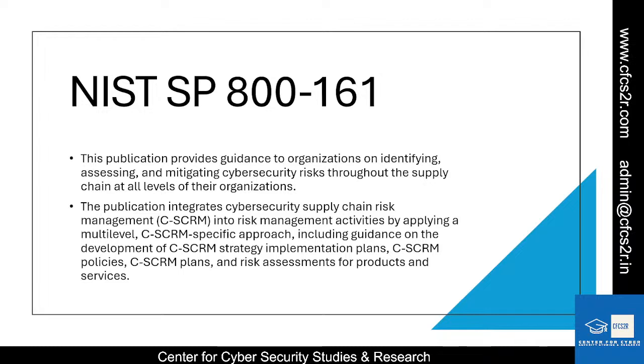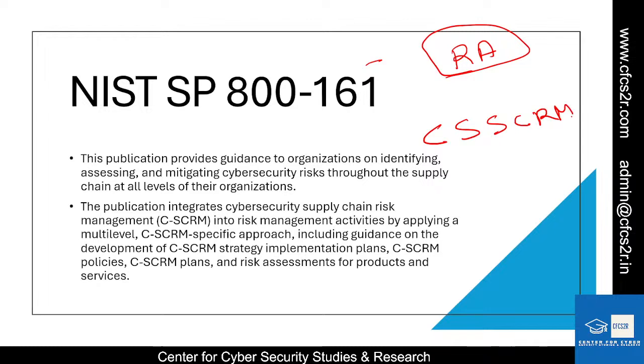Also, this standard is taking care of the entire cybersecurity supply chain in the risk management activities. So, what this SP 800-161 is asking you to do is to embed your cybersecurity supply chain risk management into an integral part of your risk assessment.